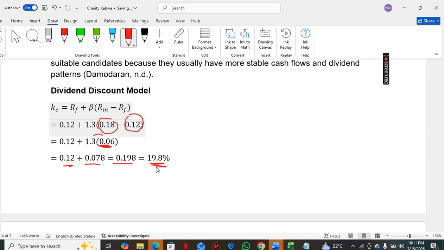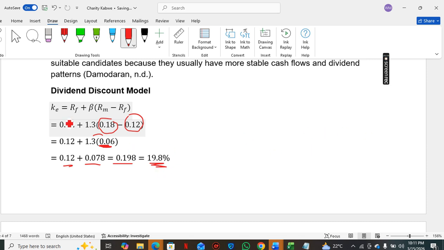What this means basically is this: if someone should invest in ZEC, the minimum return they should expect is 19.8%. That's what the expected return is telling you. If you invest in this company, this is the minimum return that you should expect. Anything less is a non-starter.